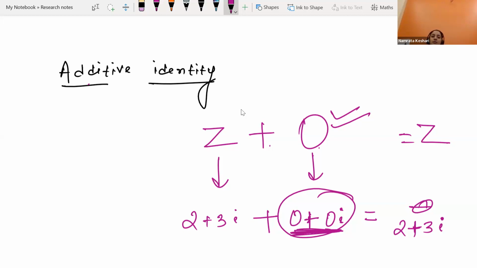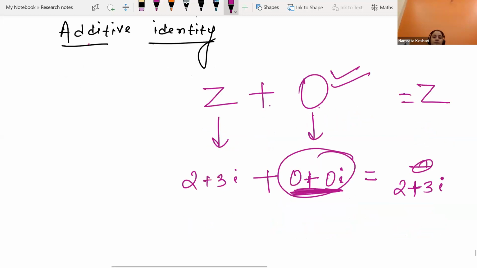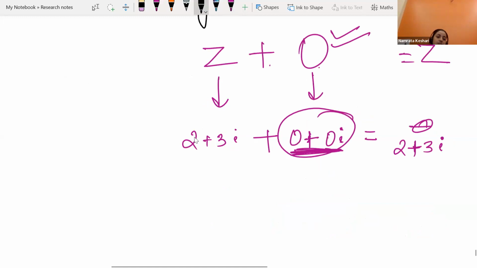Okay, is it clear? Now the next is additive inverse.